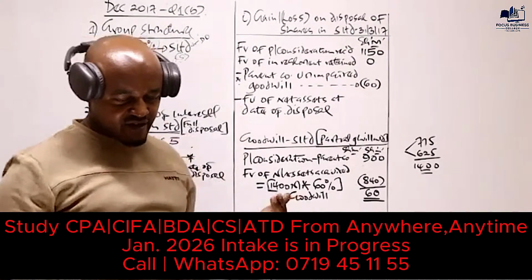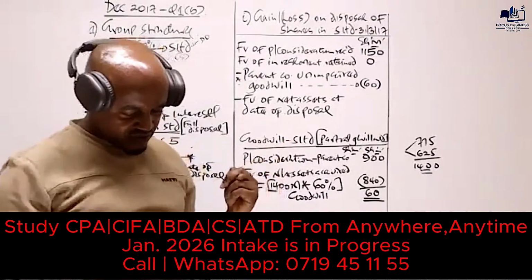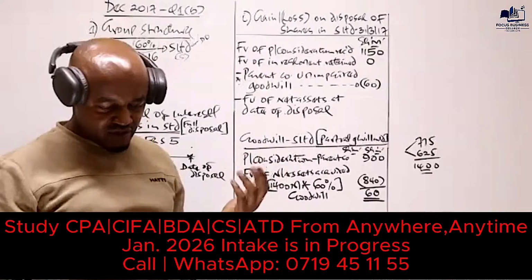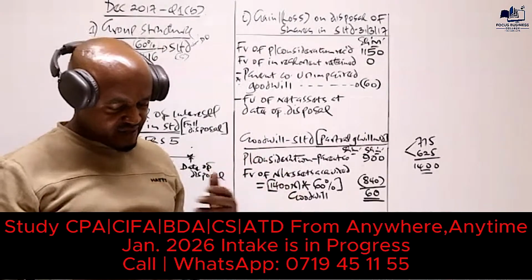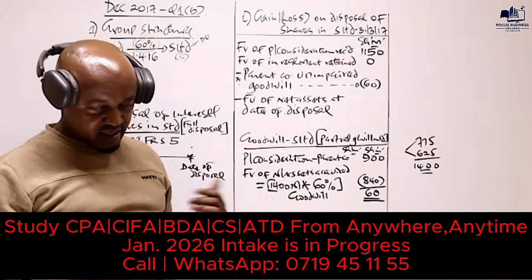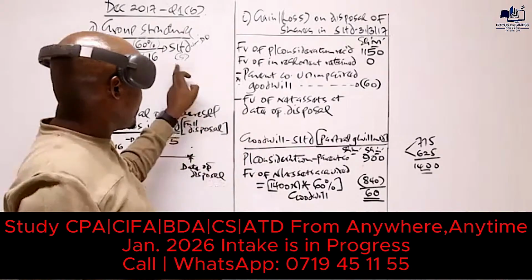In note number 3, we are given information about the acquisition. Note number 4: we are told during the year which ended 31st of March 2017, W Limited sold some goods to S. This is intra-group sales between W and S. Are we given information about the net asset on the date of disposal?